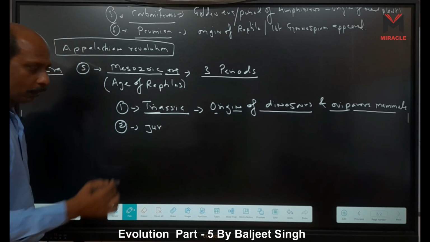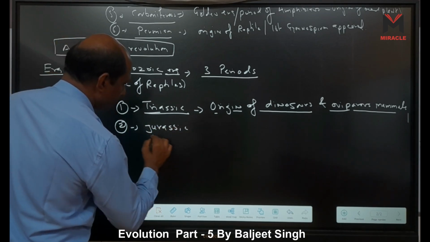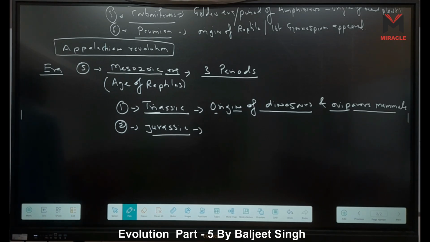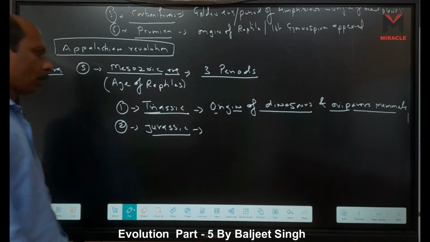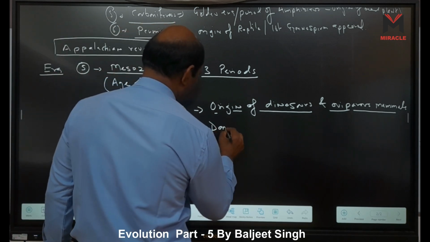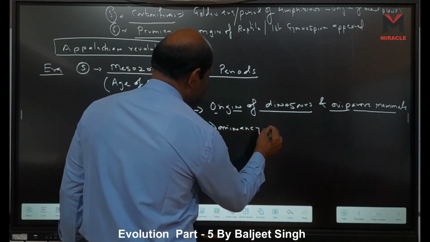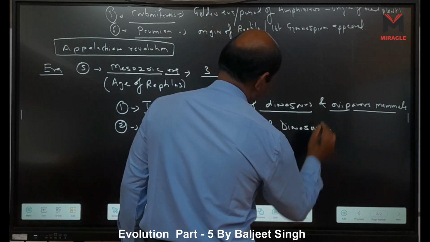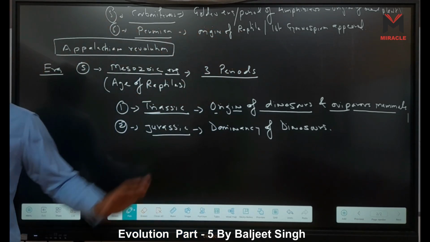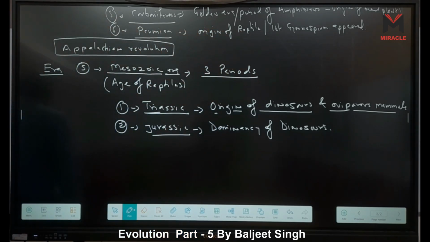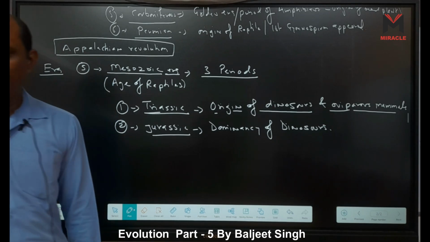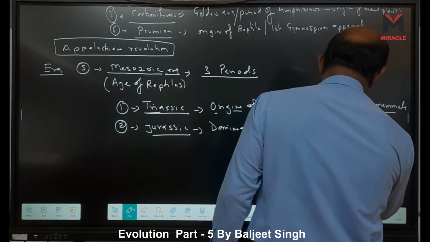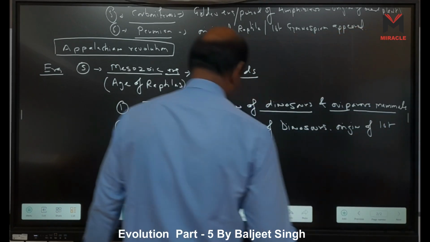The second period is our Jurassic period. Movies are also present from the Jurassic period, and it is the golden age of dinosaurs, the dominance of dinosaurs, right? And here the origin of the first toothed bird, because at this time we know Archaeopteryx is also there.